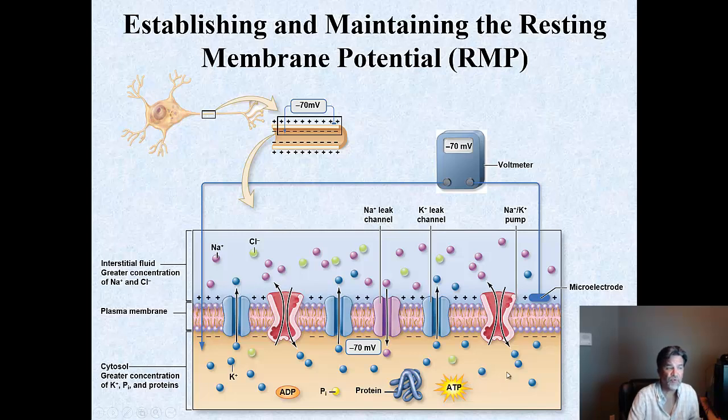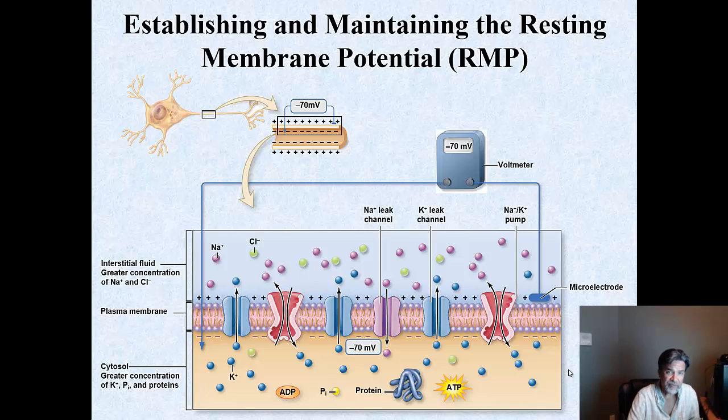And so as more sodium leaks in, these sodium-potassium ATP pumps will push some of the sodium ions back against their concentration gradient. There'll be 3 pushed against. And then as potassium leaks out too much, we'll bring in 2 potassiums. And so this exchange of 3 sodiums outward for 2 potassiums inward requires energy because we're pushing against the concentration gradient.